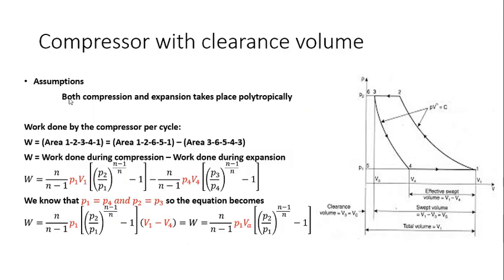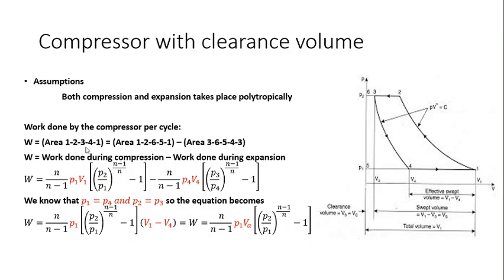First of all, we assume that both the compression and expansion take place polytropically. The equation for both compression and expansion is PV^n is a constant. So the work done by the compressor per cycle is equal to work done during compression minus work done during expansion.